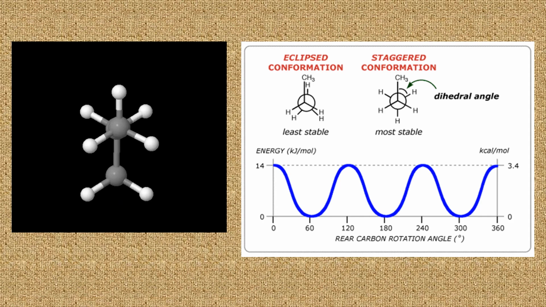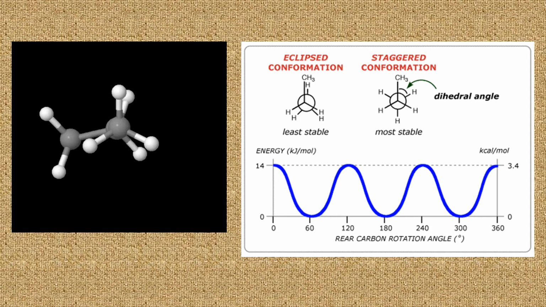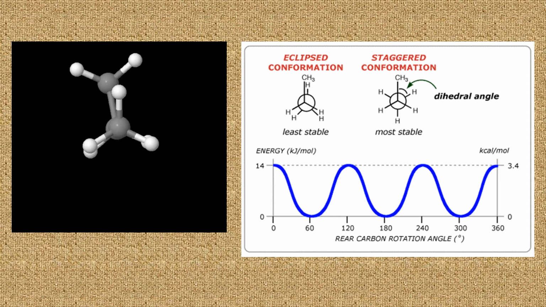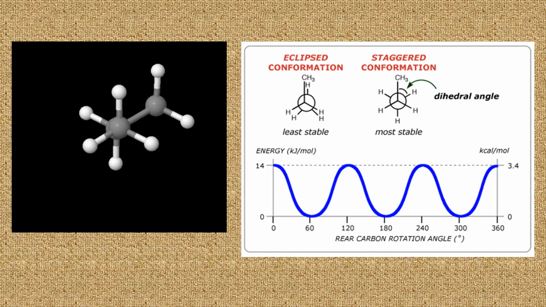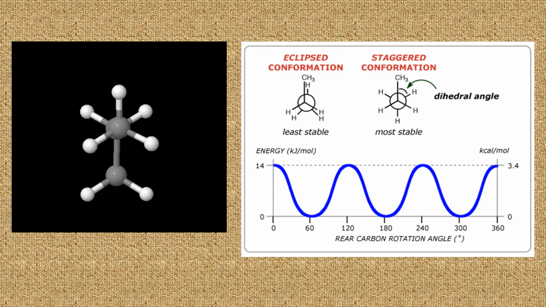Now let us rotate the molecule by 60 degrees. We end with an eclipsed conformation. When we do another 60-degree rotation, we end with staggered. Another 60-degree rotation gives the eclipsed conformation again. Another 60 degrees gives a staggered, eclipsed and staggered. So now we have done one complete rotation.